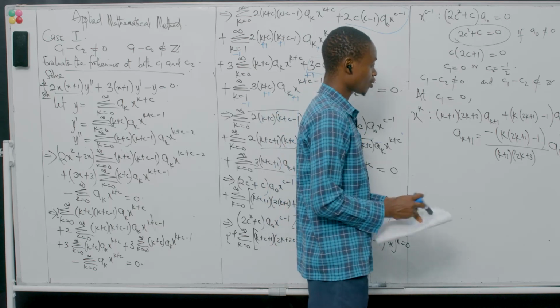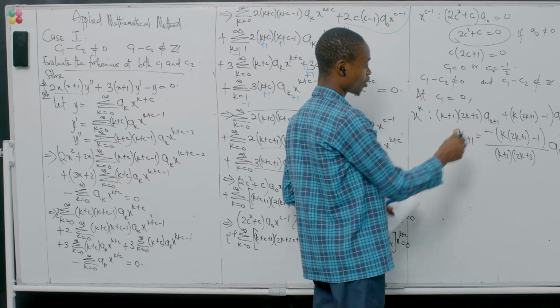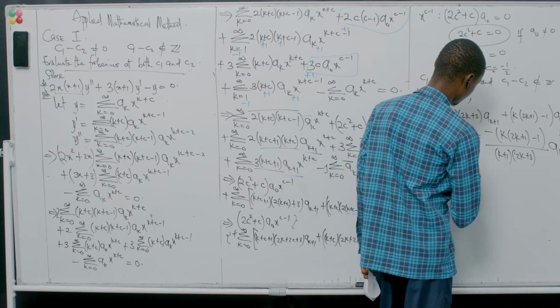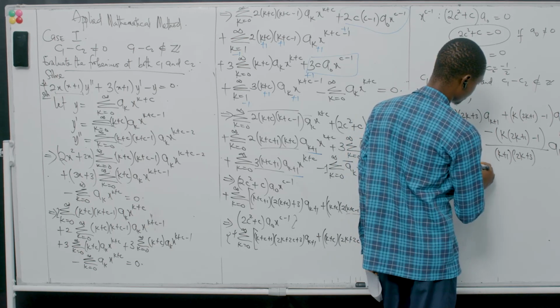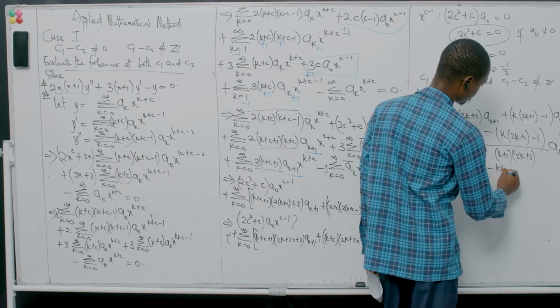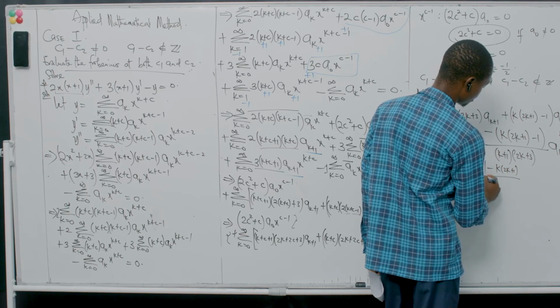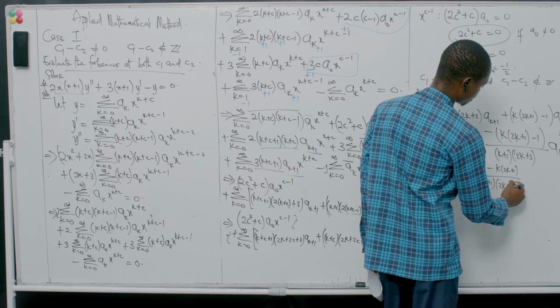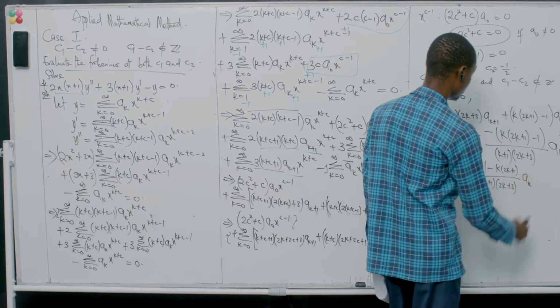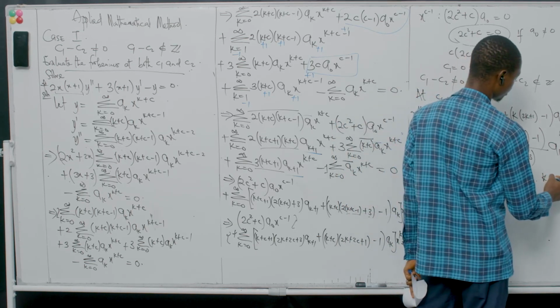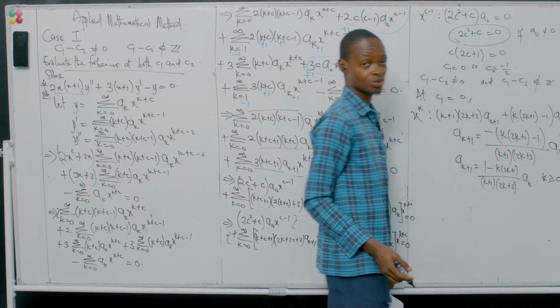Now, of course, remember if you multiply all through by minus, this is the same thing as writing a_{k+1} is equal to 1 minus k into 2k plus 1 divided by k plus 1 times 2k plus 3, a_k. So anyhow you decide to write it is fine. That's your own discretion to decide.